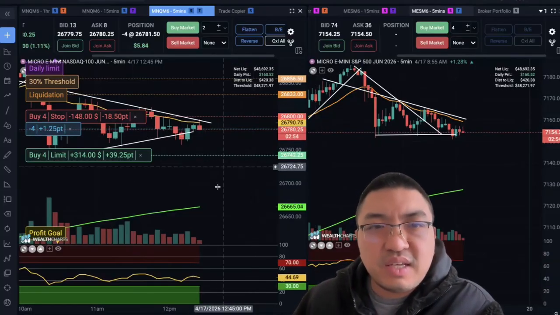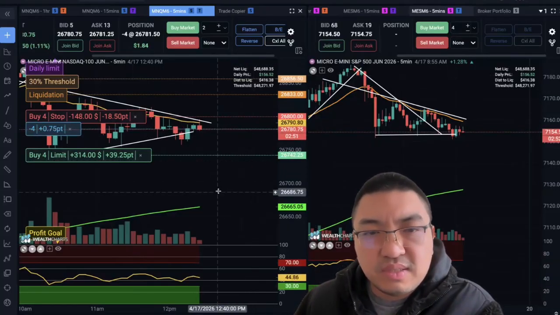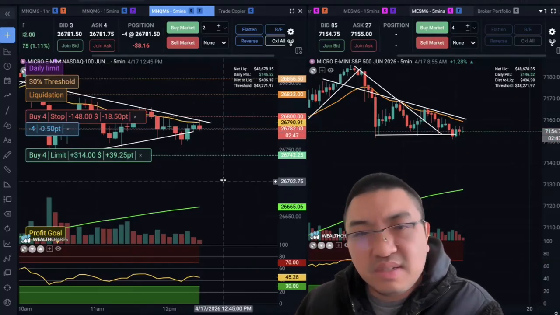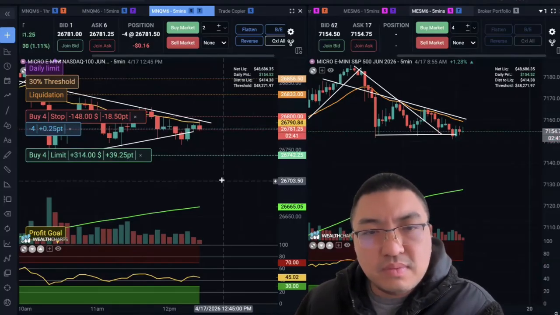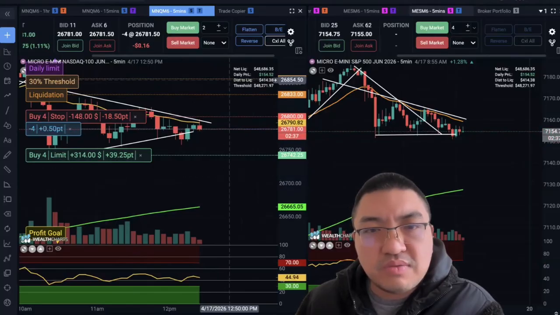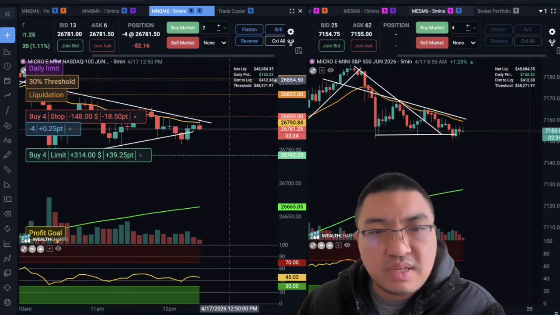Finally. Keep going. But now I need to leave the trade because it's still sideways.